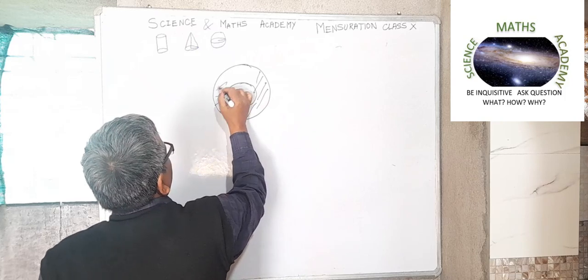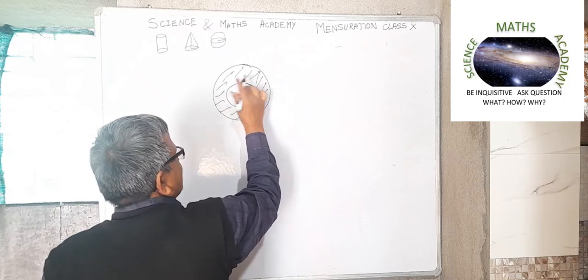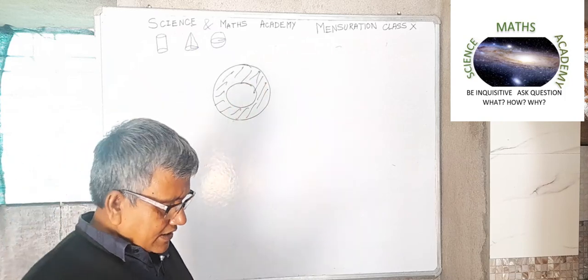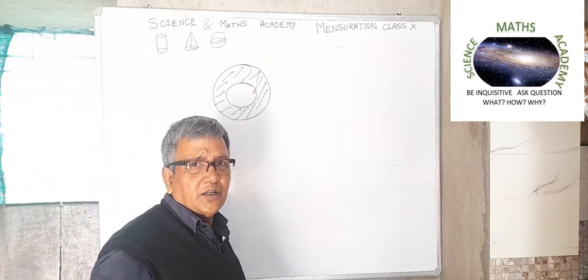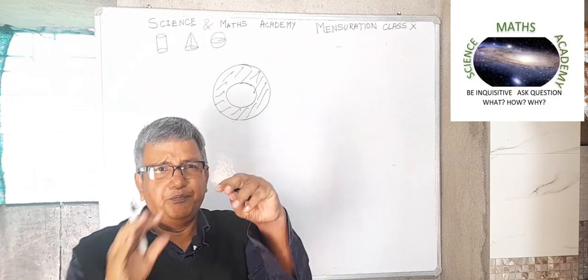I want the volume of this material, say rubber, a rubber ball, and this is hollow, you can check.